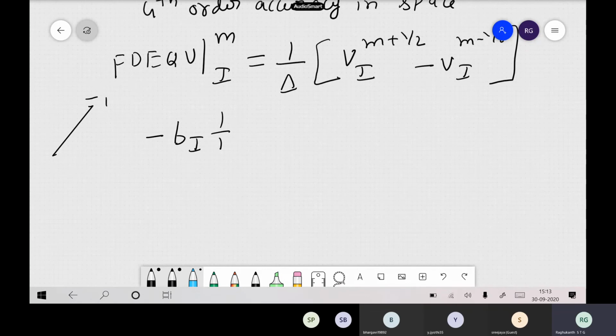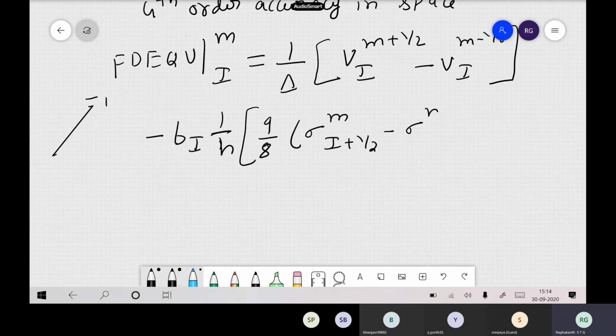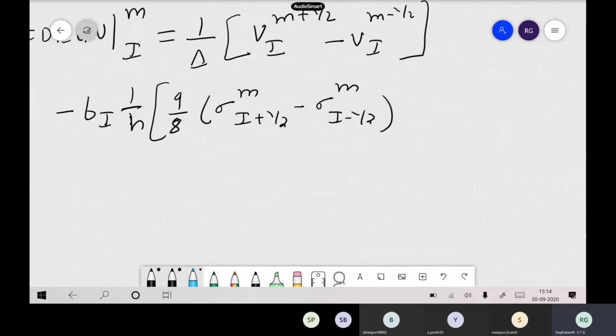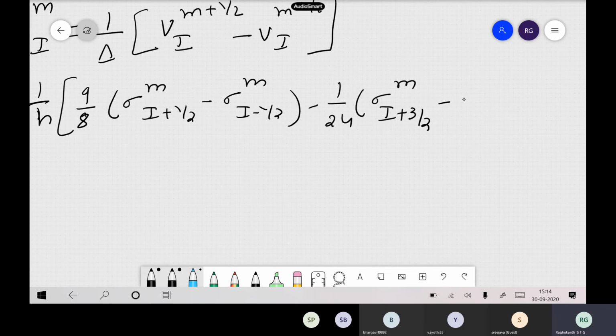So this turns out to be 1 by h, times 9 by 8 of sigma m I plus half minus sigma m I minus half, minus 1 by 24 of sigma m I plus 3 by 2 minus sigma m I minus 3 by 2. So this term comes into the picture.